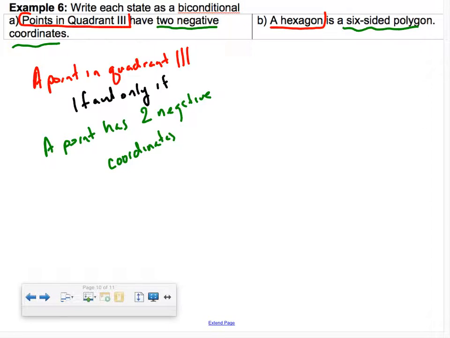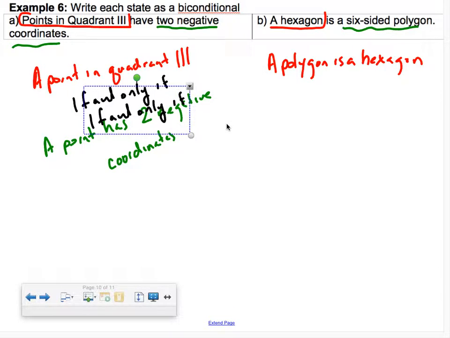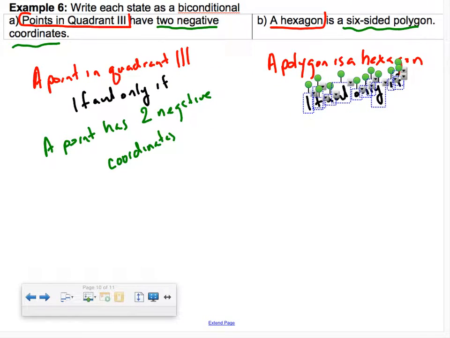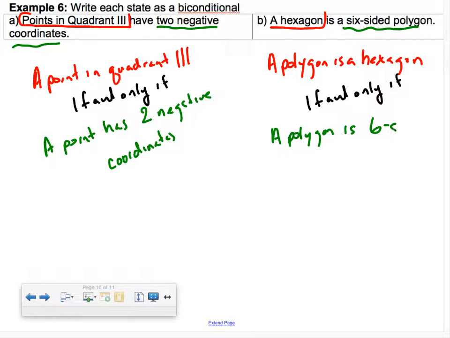So a polygon is a hexagon if and only if a polygon is 6-sided. And that concludes our lesson.